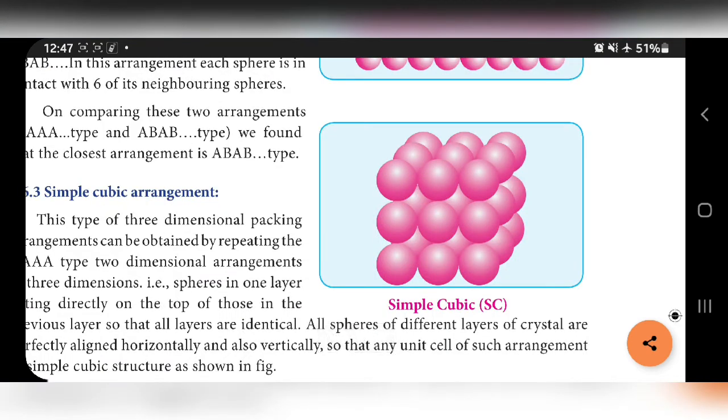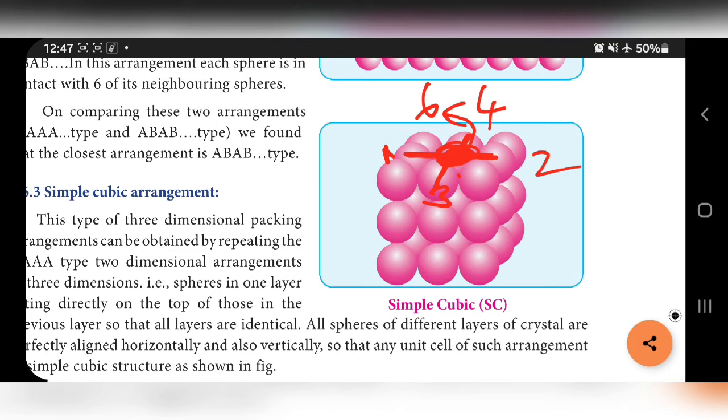See this picture. Take this atom, it is touched by these 4, and below this atom one atom is there, and above this atom one atom is there. So in this plane it is connected by 1, 2, 3 and 4, and below this atom 5, and above this atom 6.